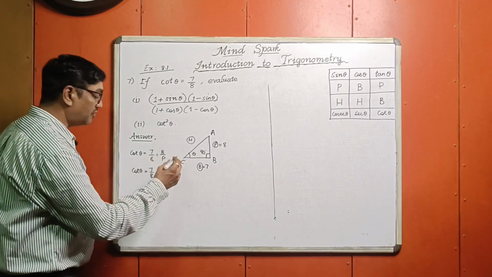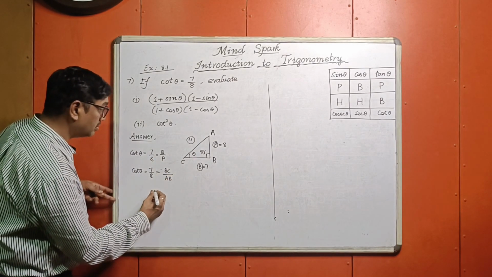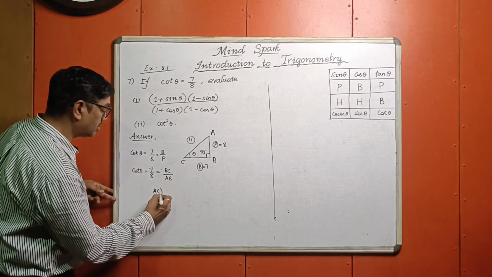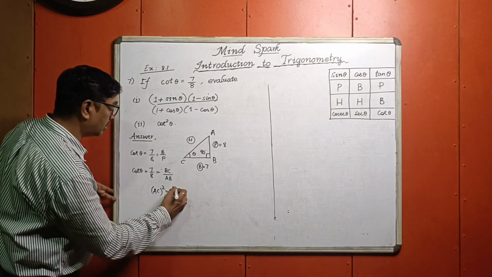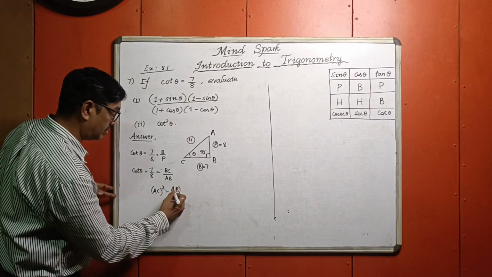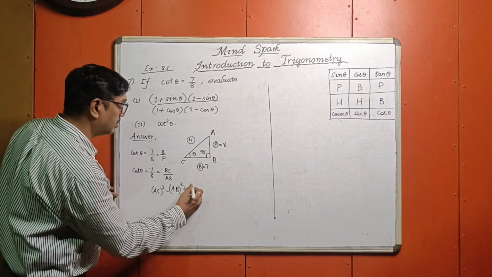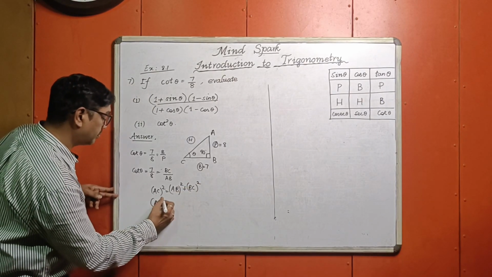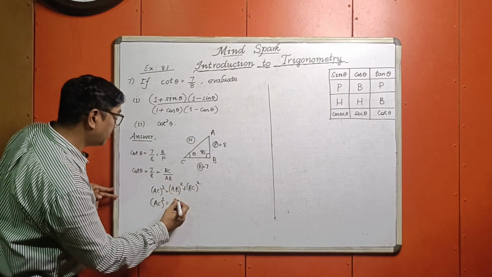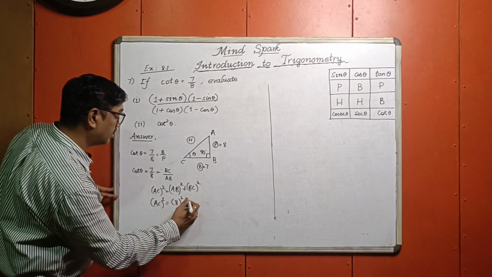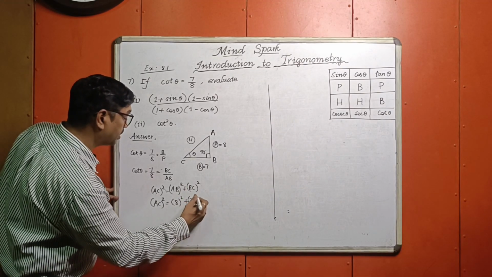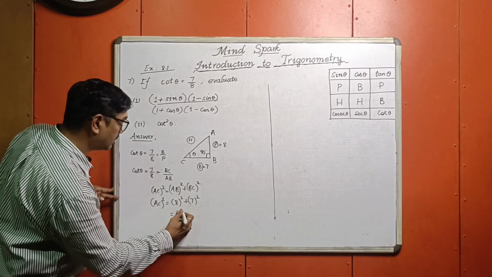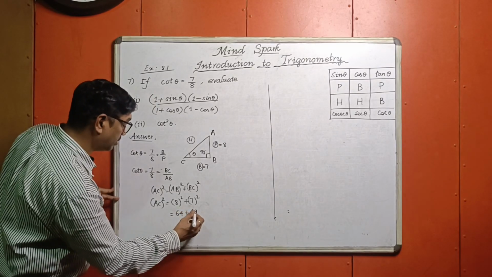So AC square is equal to AB square plus BC square. In place of AB what you write? 8 square. And in place of BC you write 7 square. So this is 64 plus 49.